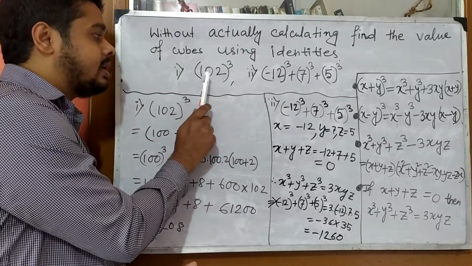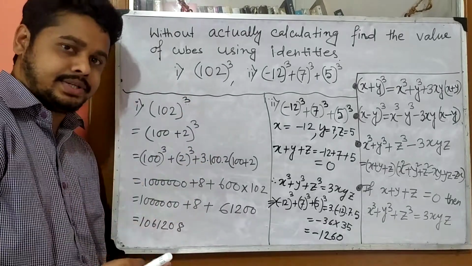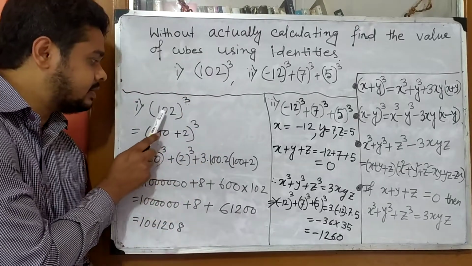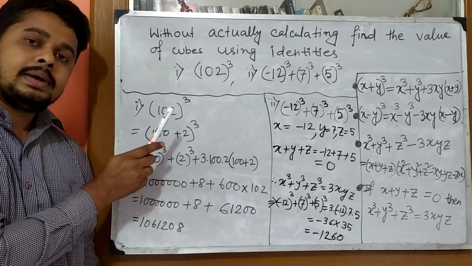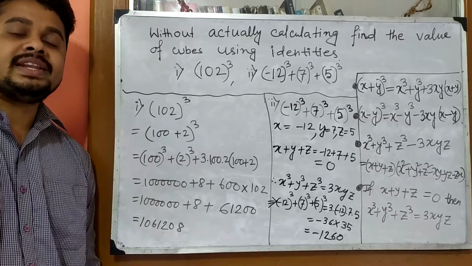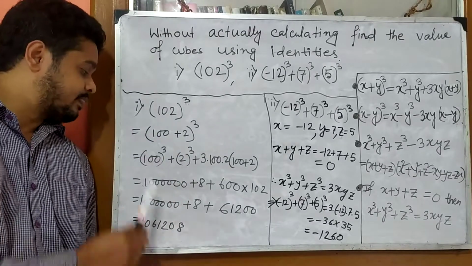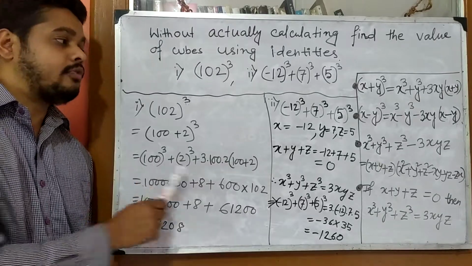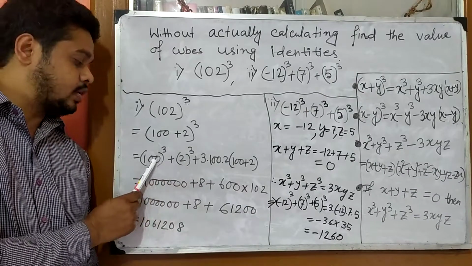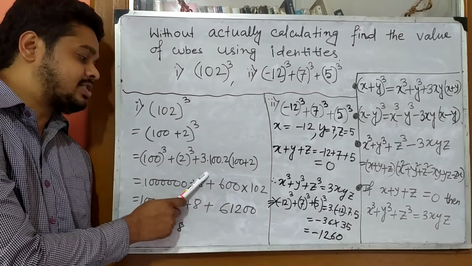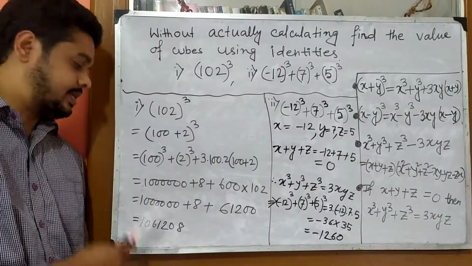Now how can we get the value of that using identity? 102 whole cube means we can write (100 plus 2) whole cube, that is (a plus b) whole cube. Clear? Now what is the formula of (a plus b) or (x plus y) whole cube? x cube plus y cube plus 3xy into (x plus y). That is the first identity.